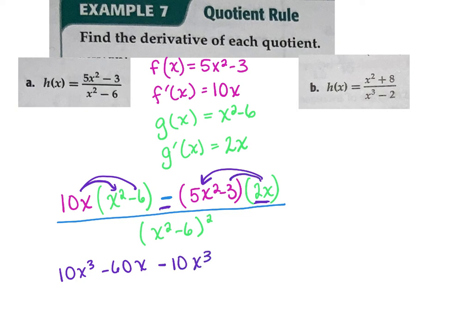Negative 2x times negative 3 is positive 6x. All right. On the bottom, leave it alone. X squared minus 6, squared, just leave that alone.